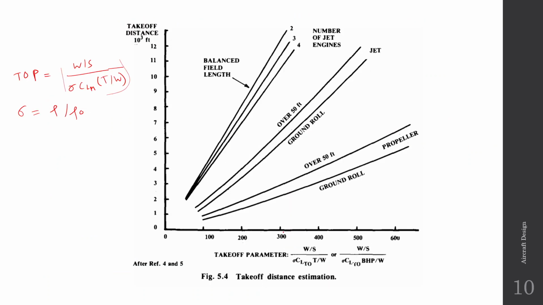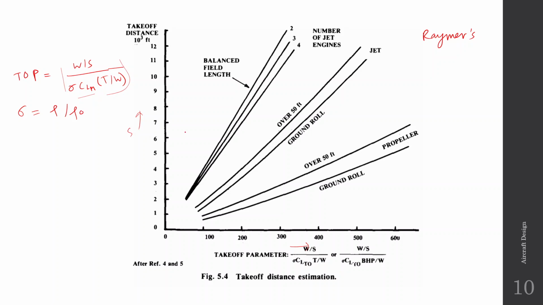So this is a statistical chart which I've taken from Raymer's book. The x-axis is the takeoff parameter, defined like this: W by S by sigma CL max T by W, and on the y-axis we have the takeoff distance. So this is a statistical relationship. Usually the takeoff distance is specified in the mission specifications.